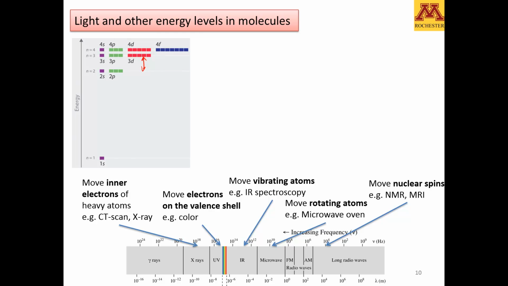But it's important to understand also that the same way that electrons are quantized in orbits, any other energy level that a molecule has is also quantized in specific levels.